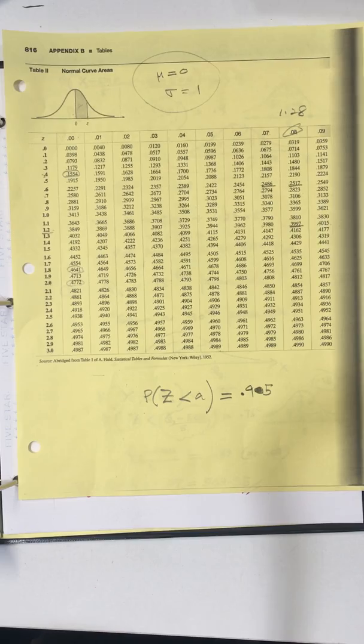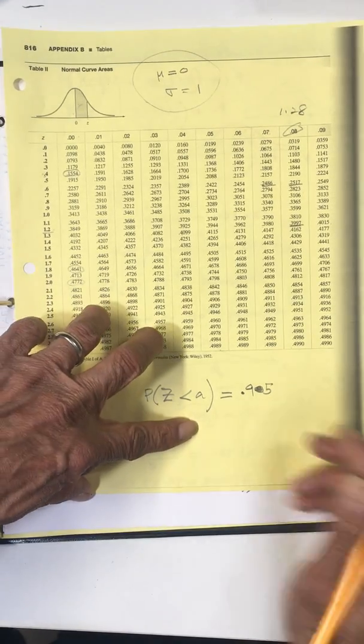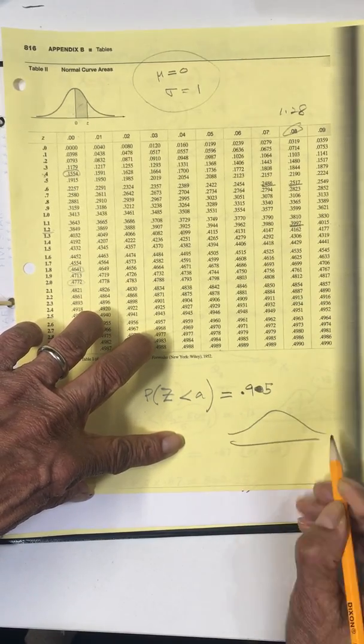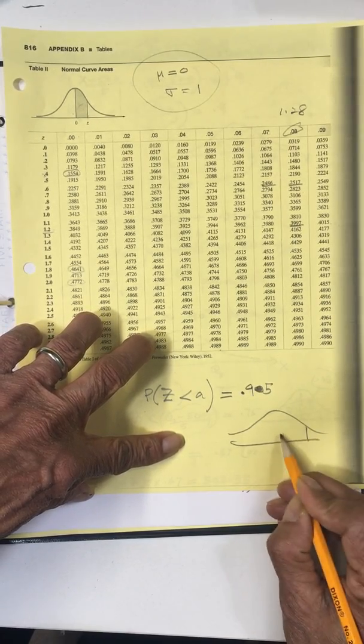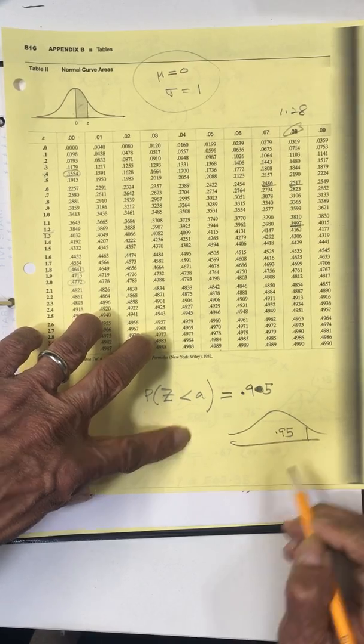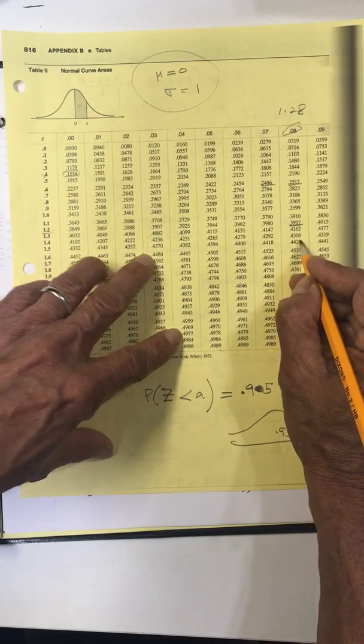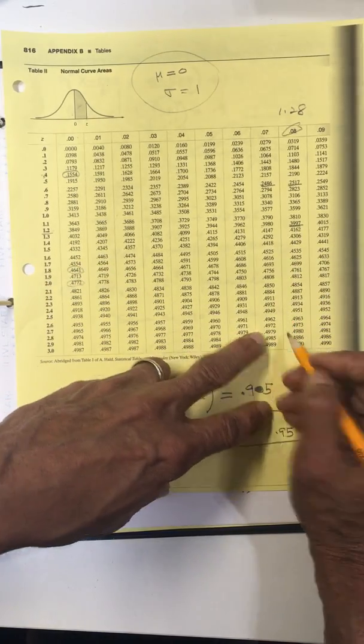If you want to figure out this probability, here it's going to be 0.95.